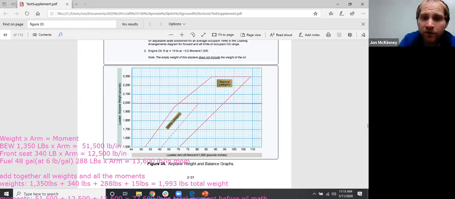But this is actually a divide by 1,000, so you can just call it 77.4 for today. So 75, and here's 80, so 77.4 would probably be somewhere right around here, I think. I'm doing my best with technology. So where these two meet, that's going to be where this airplane is located, center of gravity wise. We're probably right around here or so. It kind of looks like we're on the edge of utility and the edge of normal. Let's see what that helps us out as we try to analyze the question.